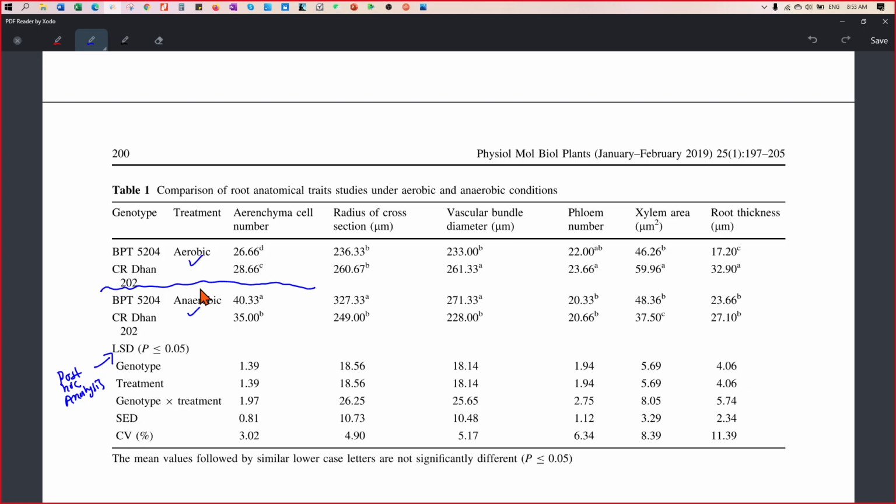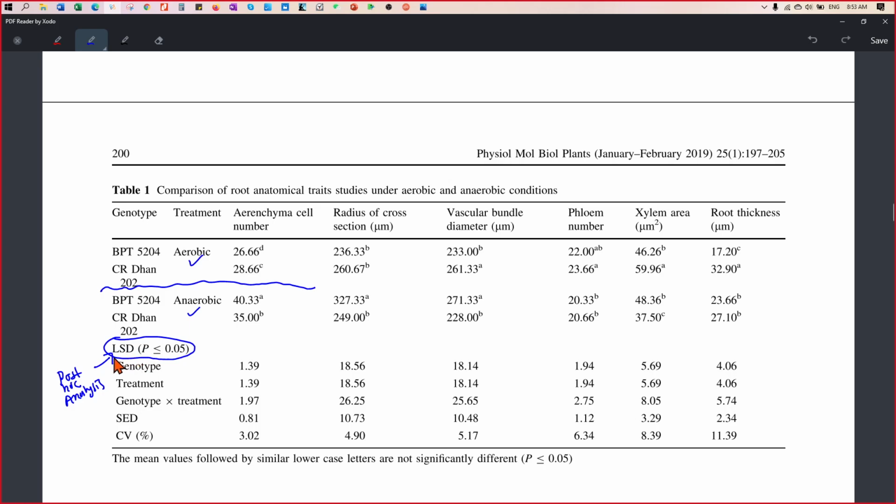ANOVA only tells you that among the things that you tested, somebody is different from the others. Just that. That's why we need to do post hoc analysis, like LSD. There are many types of post hoc analysis, not postdoc, post hoc analysis. One of them is LSD.